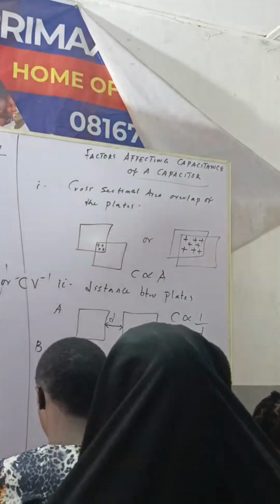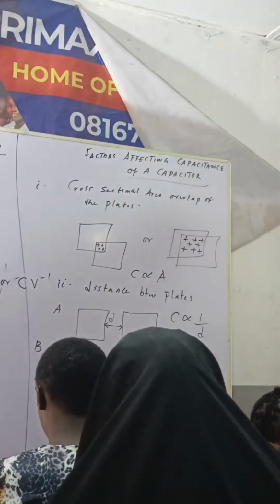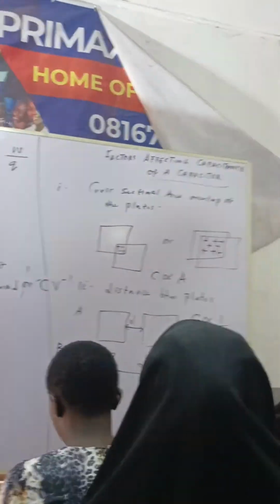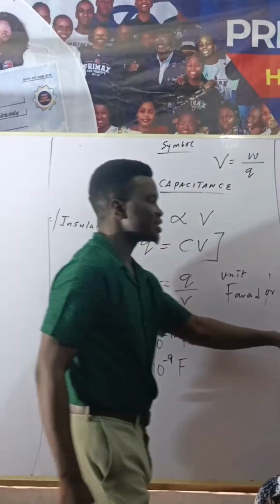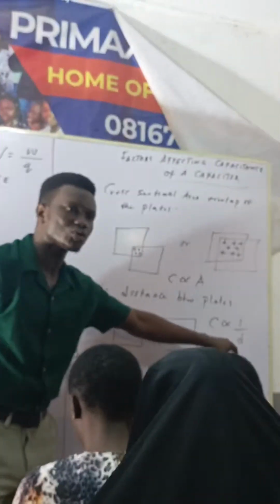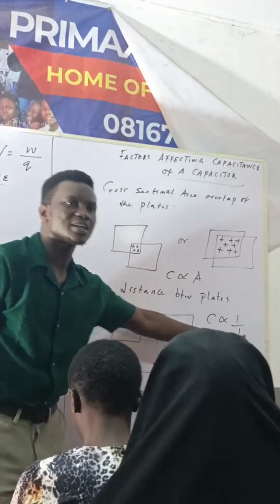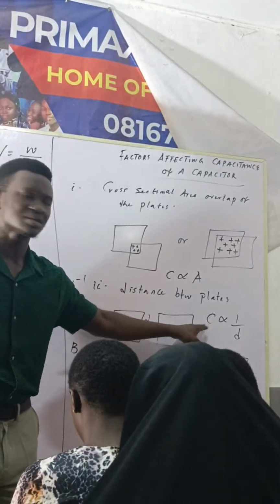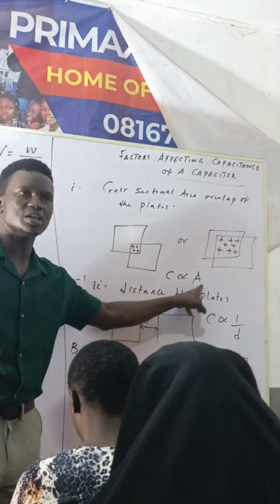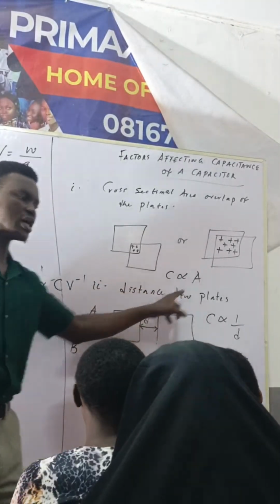Can I rub this part? So now, in this case, your C is inversely related to D, showing that the higher the distance, the lower the capacitance. But it's directly related to A.